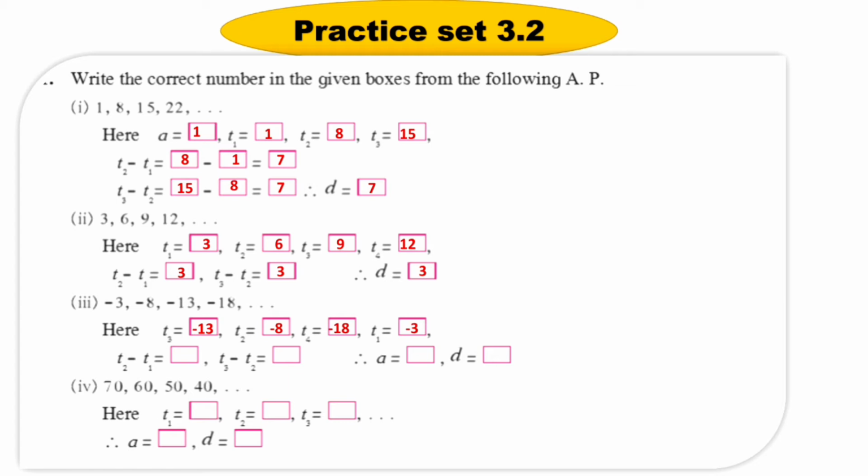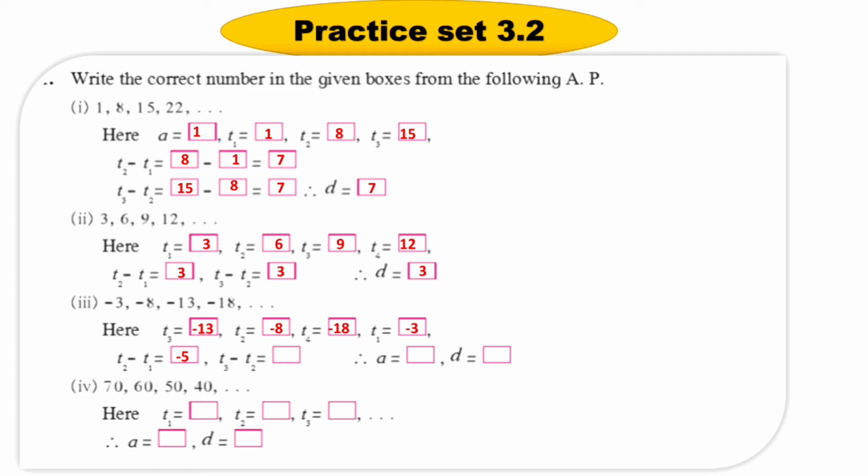Now T2 minus T1. T2 value is minus 8 minus minus 3. So here we get minus 8 minus 3. So minus plus 3 became 8 minus 3, we get 5. The 8 is the bigger number, so minus 5. T3 minus T2.